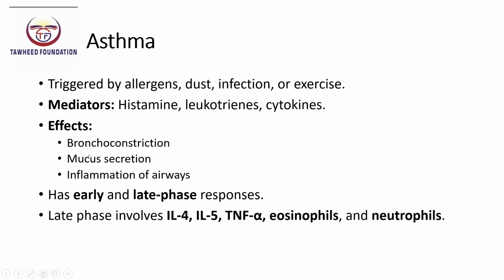Asthma has two phases: an early phase occurring within minutes, mediated by histamine and leukotrienes, and a late phase occurring hours later, mediated by cytokines like interleukin 4, interleukin 5, TNF alpha, and recruitment of eosinophils and basophils. The late phase contributes to sustained airway obstruction and chronic inflammation.